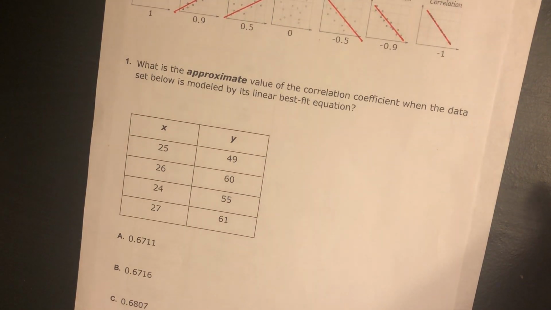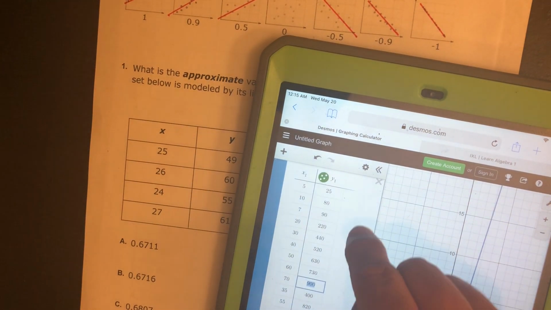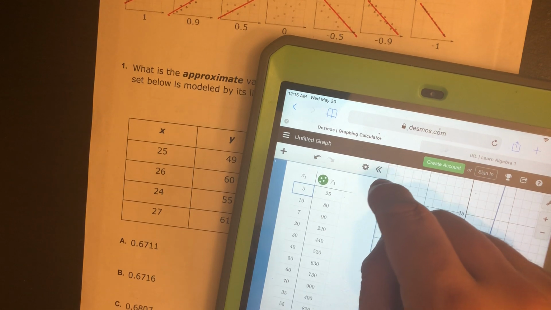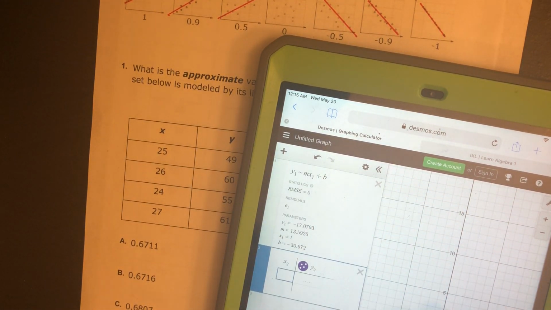Next one, number 1. What is the approximate value of the correlation coefficient when the data set below is modeled by its linear best fit equation? So once again, I am going to take the moment and I'm going to add a table.